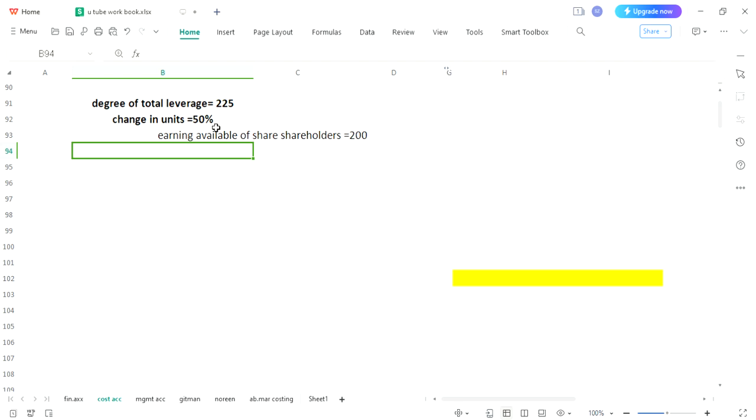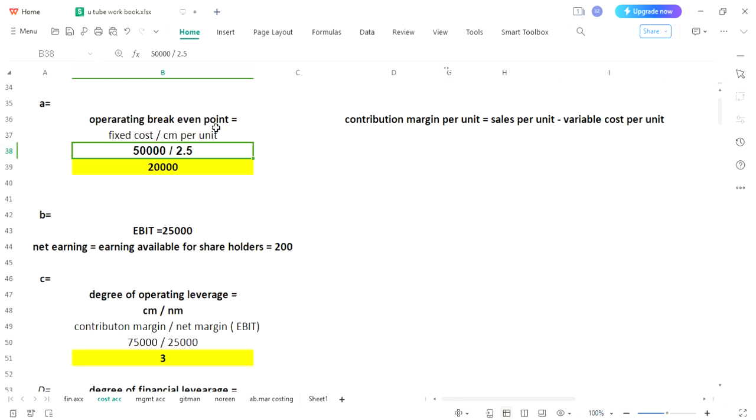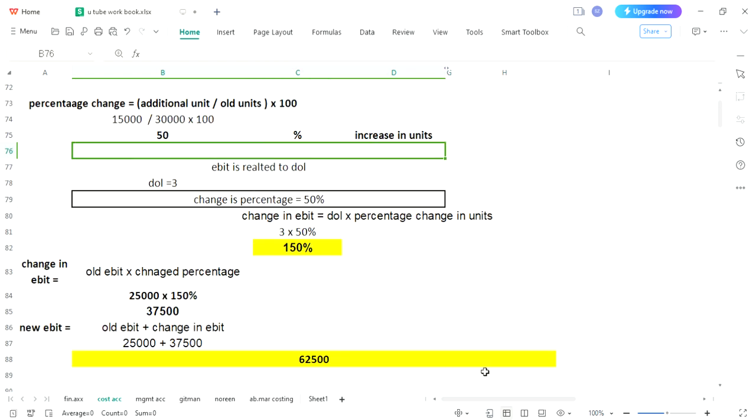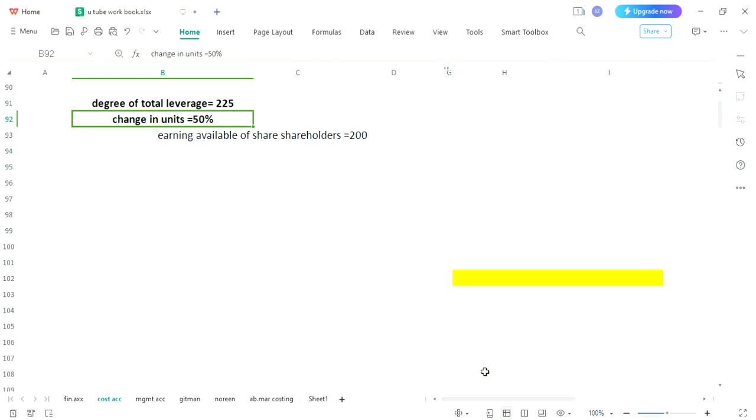Let's check it out. This was your income, and old earning available was 200. This is what we are required to do. Earning available for common shareholders, 200 was old. Okay, and the change in units is 50%. Degree of total leverage was 225.